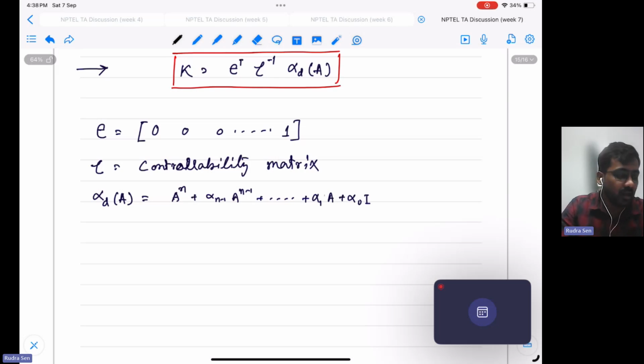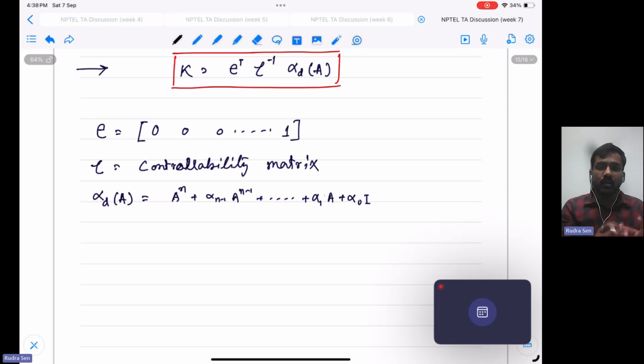Zeros of the system also have significant importance for stability and control, but here we are not going to discuss the zeros. We are basically concerned about the poles of the system.